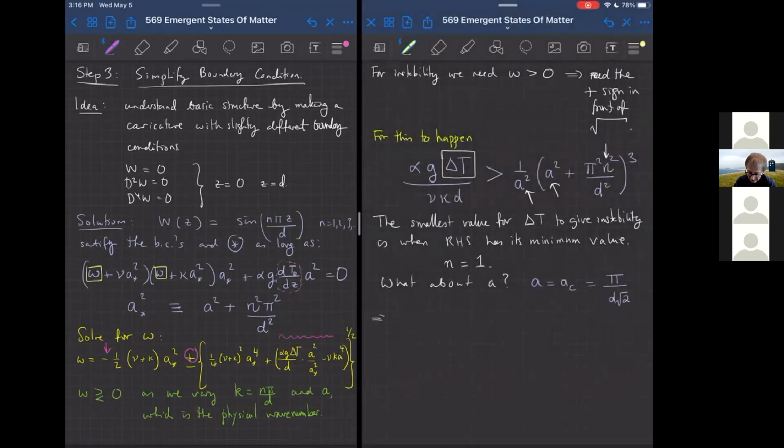And so that gives me that my condition is alpha g delta T d cubed over nu kappa has to be greater than the number I get by substituting all these terms into the right-hand side. If you do that, it turns out to be 27 pi to the 4th over 4. And that's just a pure number. And so I'm going to call that pure number R_c.